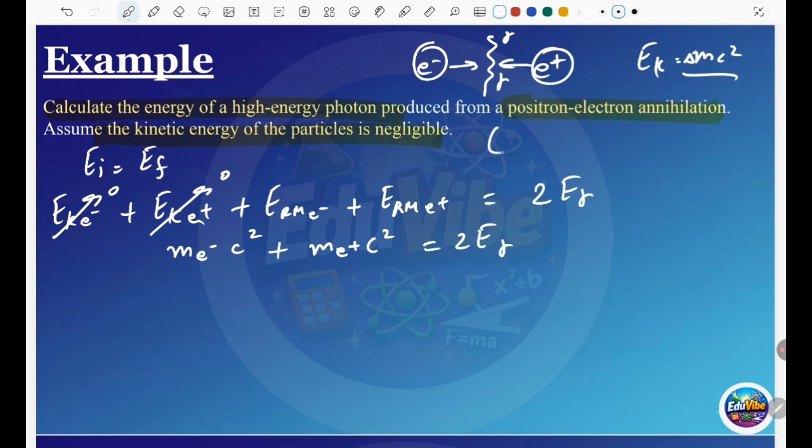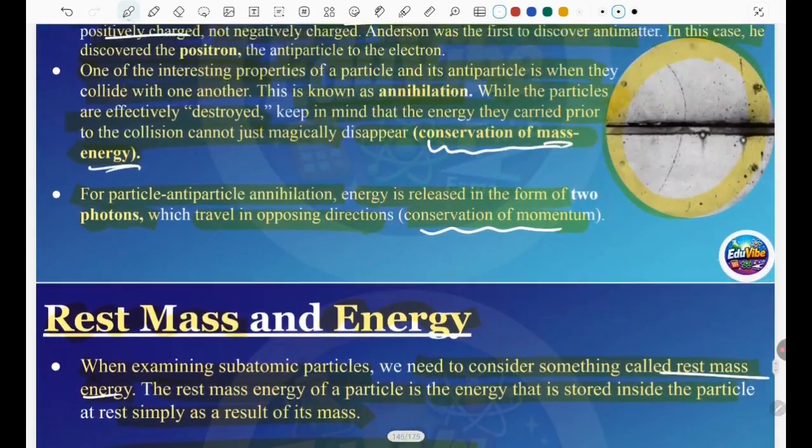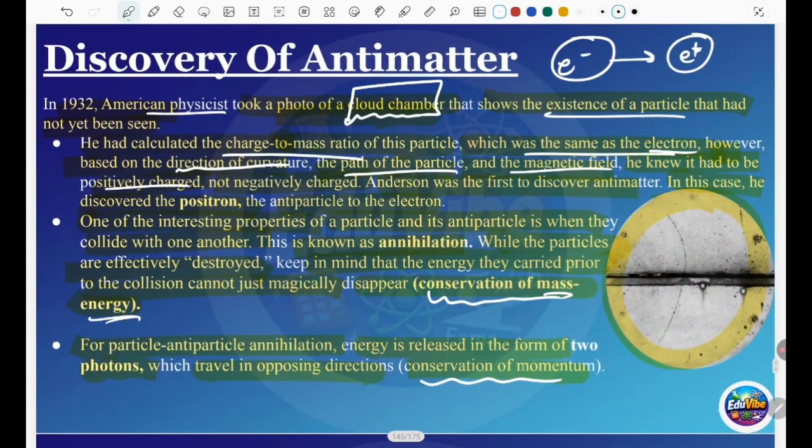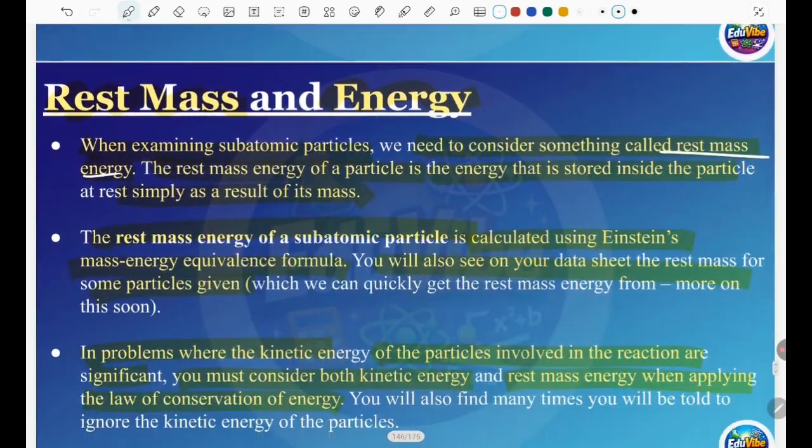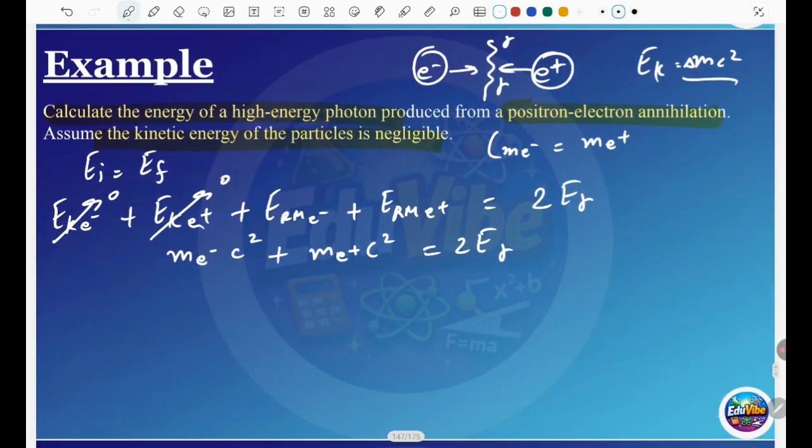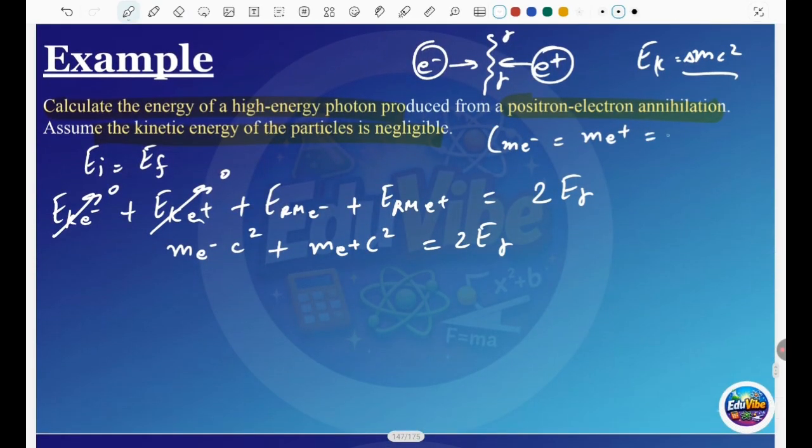The mass of the electron is equal to the mass of the positron, because both have the same mass. Both should be equal to M, the mass of the electron. Adding them, we get 2Mc squared equal to the energy of the two photons.